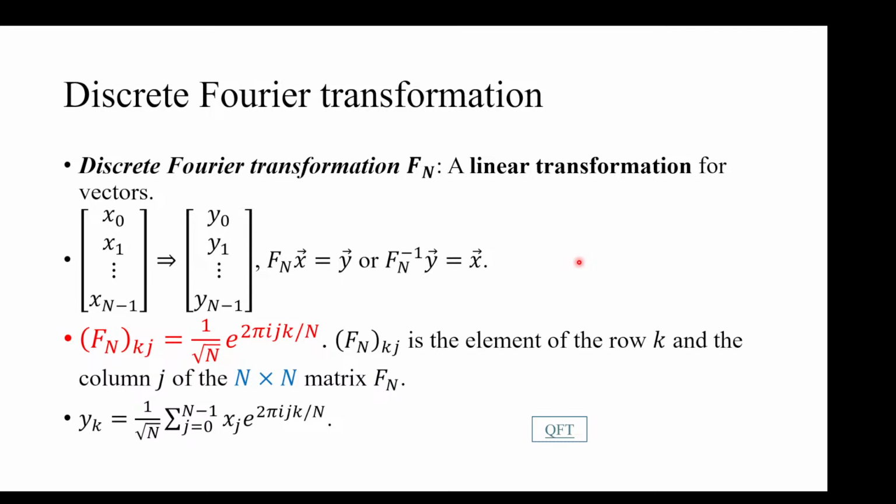Last time we had a very rough overview of the discrete Fourier transform, which is going to be generalized into the quantum Fourier transform today. Anyway, the discrete Fourier transform is a very useful transformation in all kinds of engineering and scientific study.